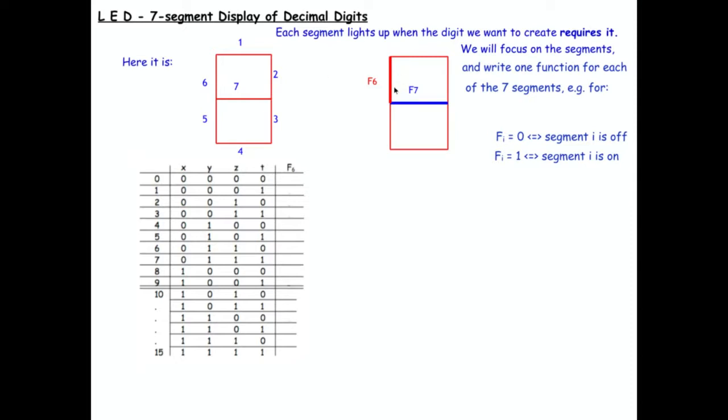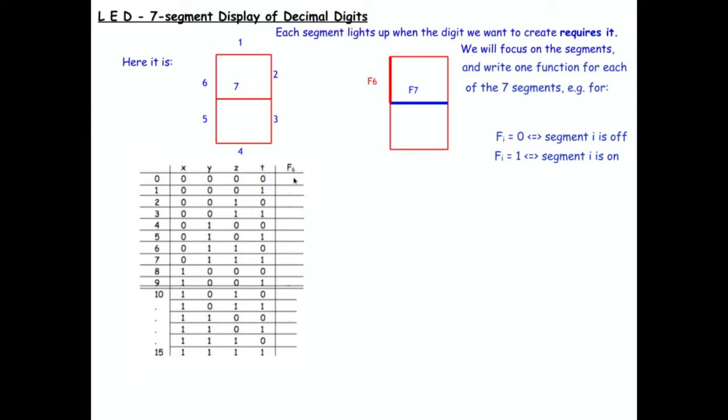So we need our function for this LED to not light up when I have decimal 3. So here is decimal 3 represented in binary as 11, right? 0 8s, 0 4s, 1 2, and 1 1. And then with variables, it's going to be complement of x, complement of y, true value of z, and true value of t. And what should the behavior here be in F6? It should be 0.